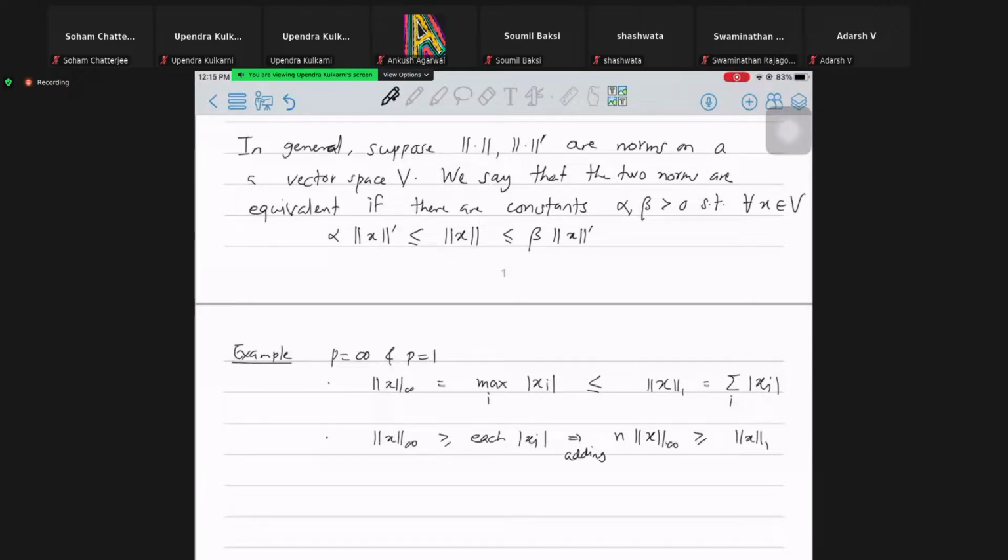So 1 by n serves as the constant. Good, that's a good point.